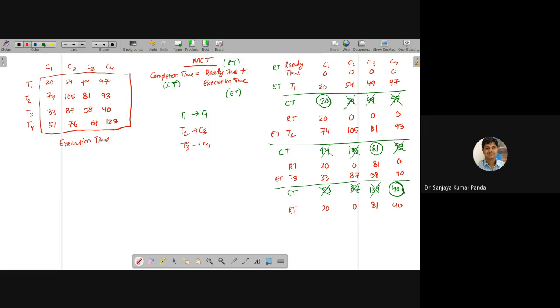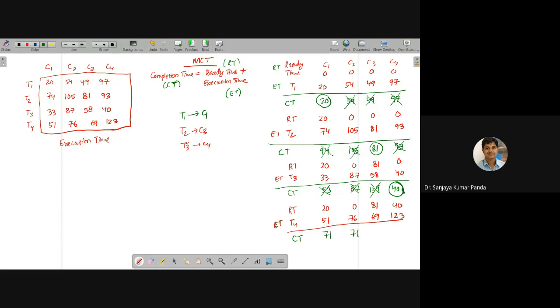Again, you need to consider the execution time of T4. The execution time of T4 is 51, 76, 69, and 123. If you calculate their sum, which is the completion time: 20 plus 51 is 71.